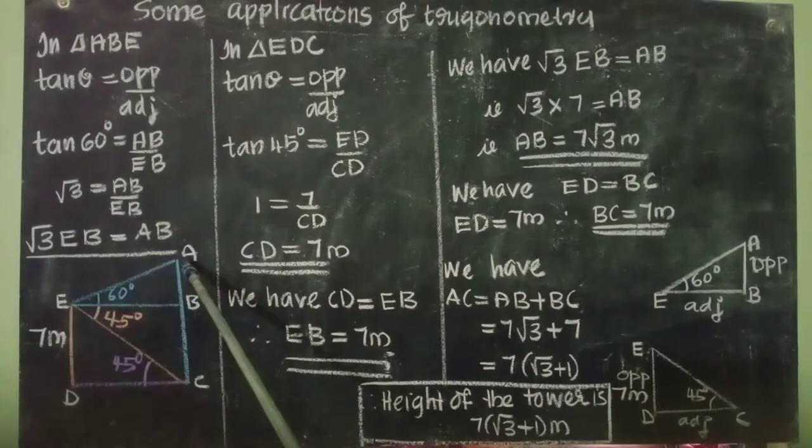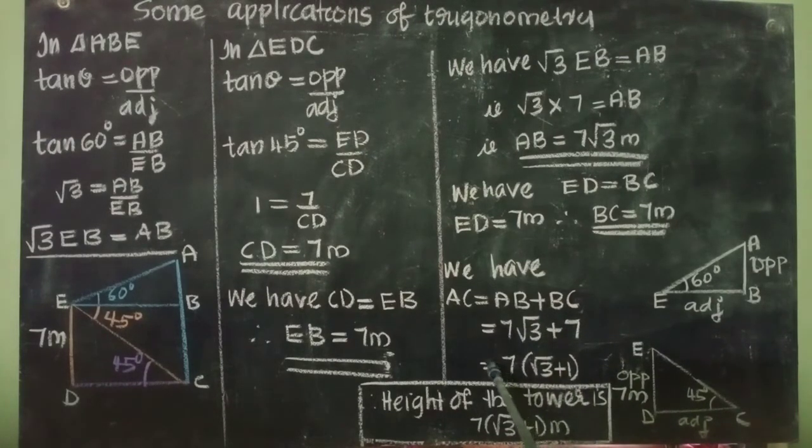Now, we have the value of AB and BC both. We know this AC is the full length. AC equal to AB plus BC. So, we can write AC equal to AB plus BC, that is equal to 7 root 3 plus 7. Here you can see 7 is common.